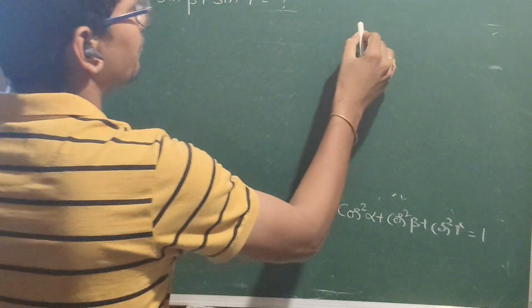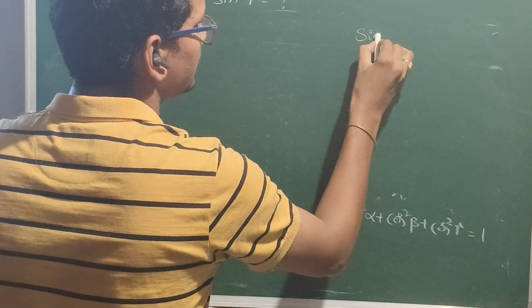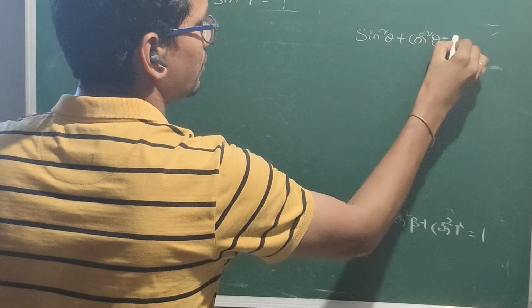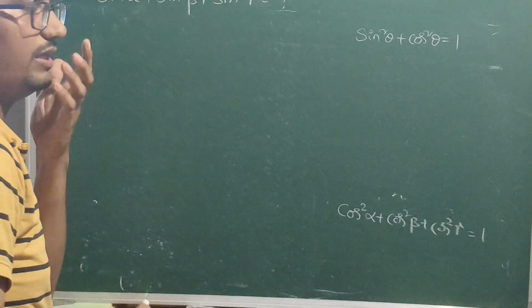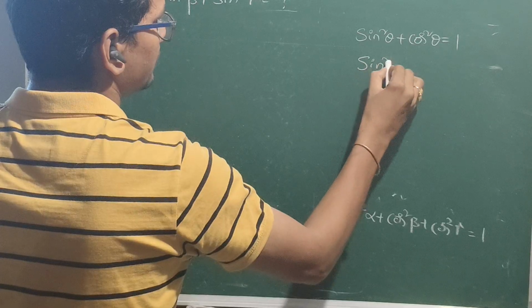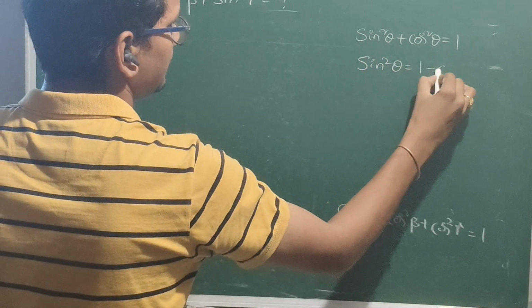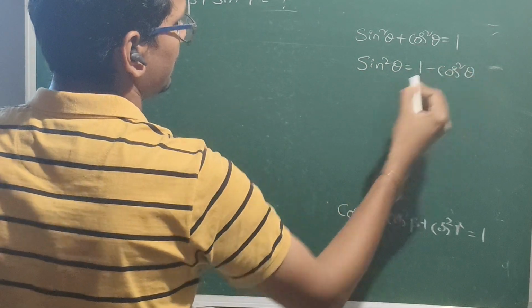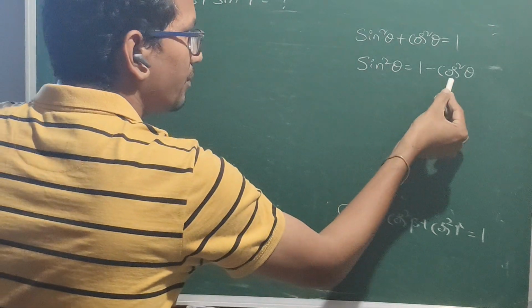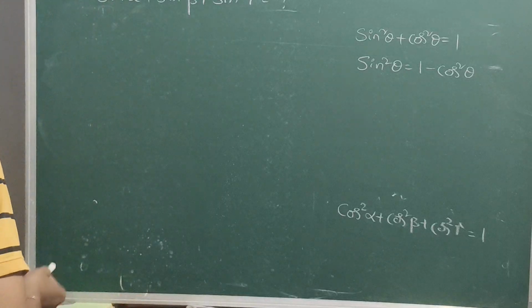We know the trigonometric identity: sine square theta plus cos square theta is equal to 1. Then how can you write sine square theta in terms of cos square theta? It is 1 minus cos square theta. In place of sine square theta, we can apply 1 minus cos square theta.